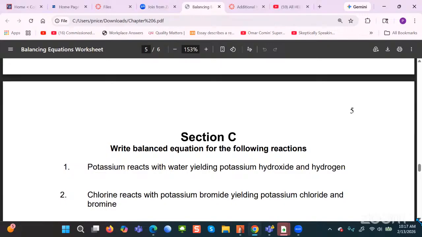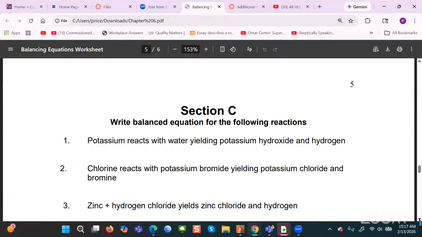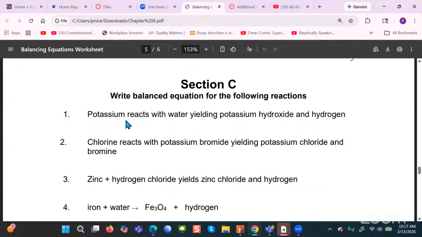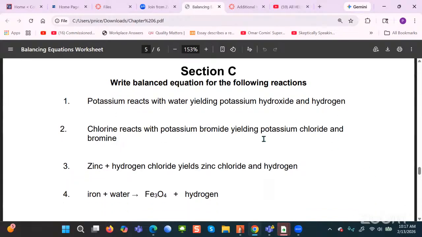All right, let me help you out with a few questions from section C. Now, in section C, they gave you some reactions where they describe what happens in words, and based on the information provided, you're to come up with a balanced equation for each of these.